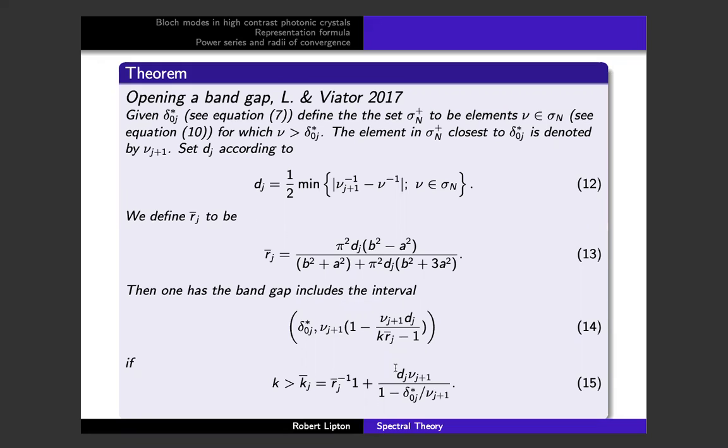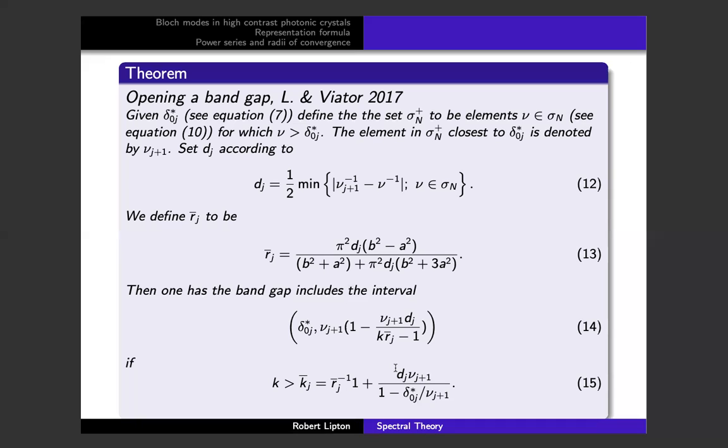That is, 14 says that, ideally, from the limit theory, you have a band gap between delta asterisk 0j and nu j plus 1. So Hempel will now give you that. And then you say, well, I'm going to back away a little bit, I'm not at infinity, I'm above k bar. How big is my band gap?